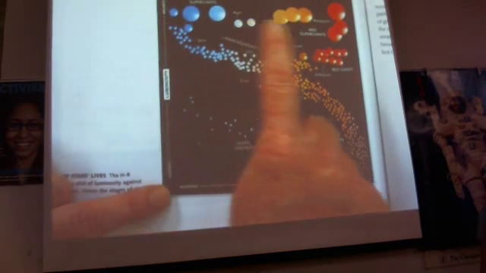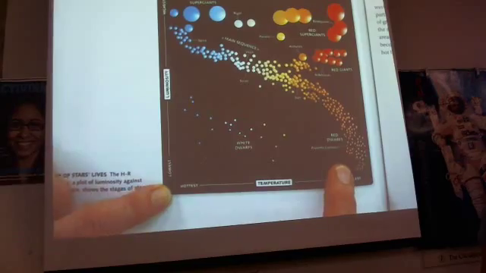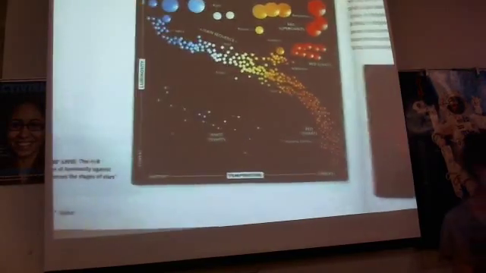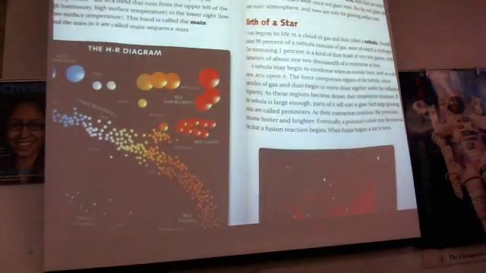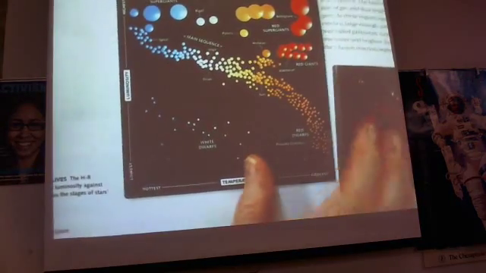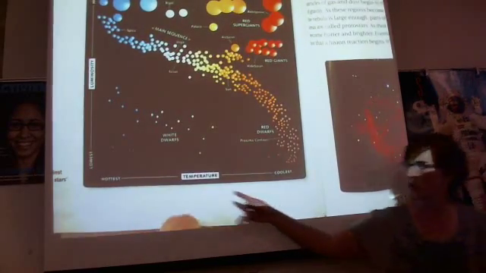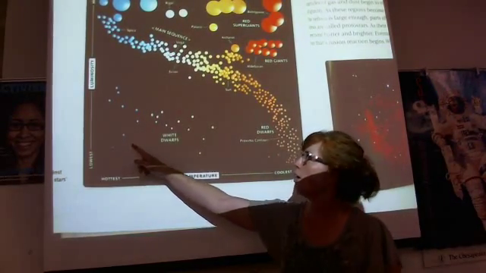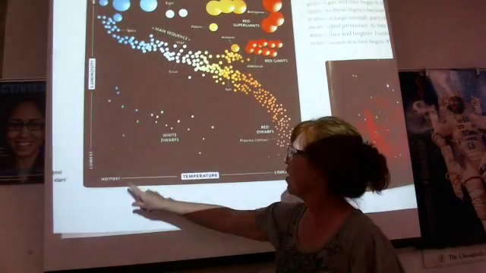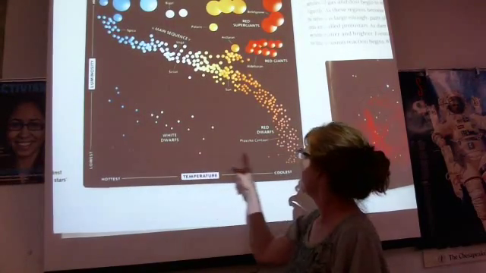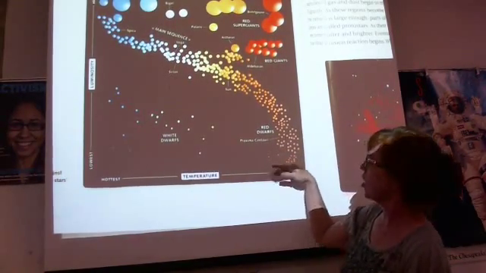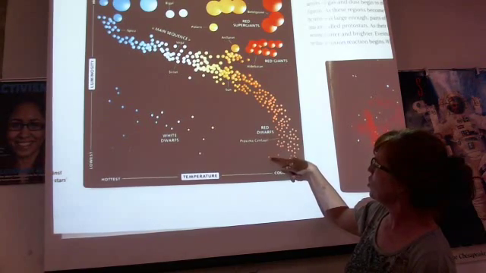How does that happen? You'll look at the size of the stars. You can see here that these stars are really small, but they're pretty bright up there. And here they're super, super hot. Now these stars are not very bright and they're small.